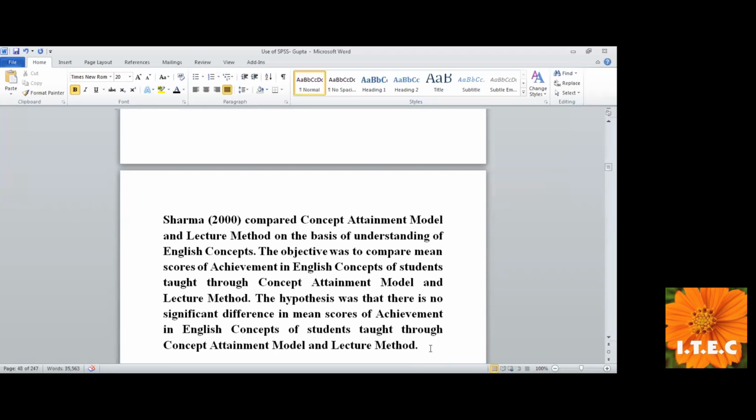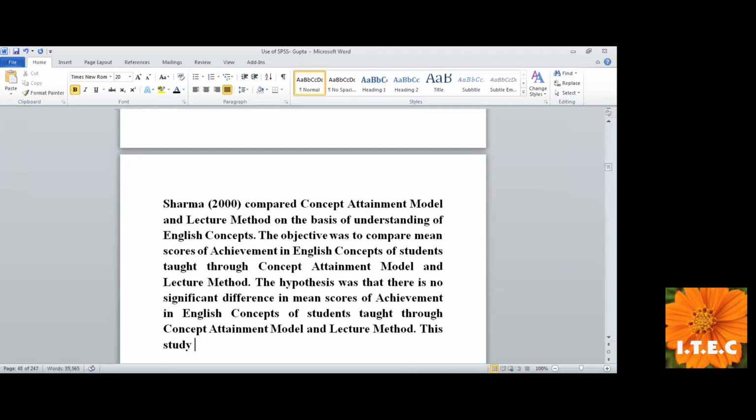Now I must write the sample. This study was conducted on 305 class 5th students of government senior secondary schools of Jaipur.